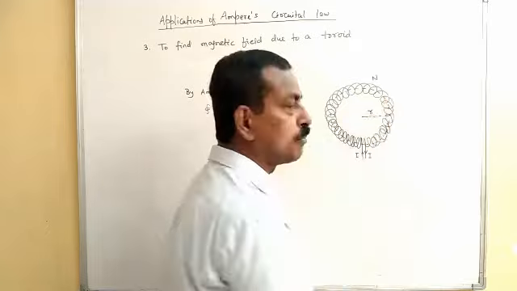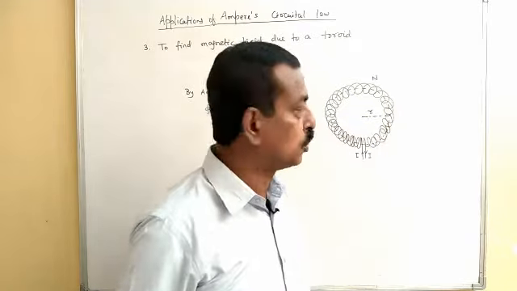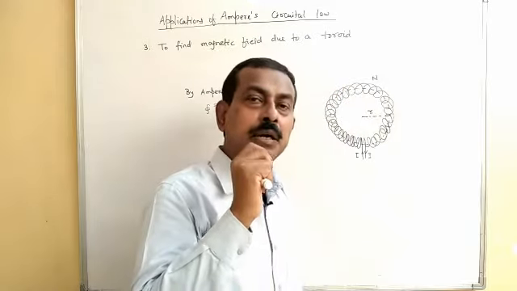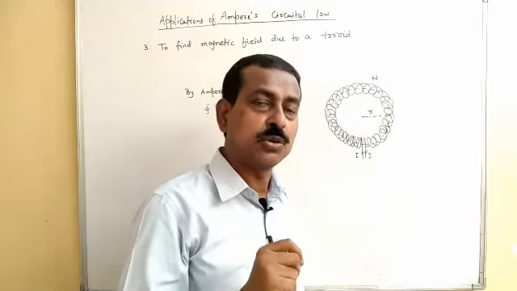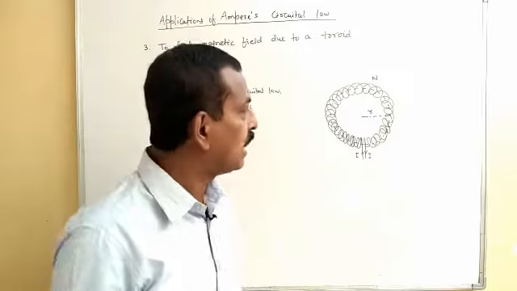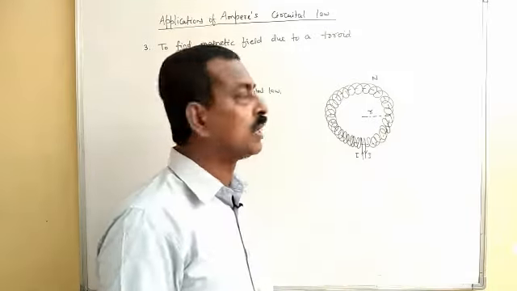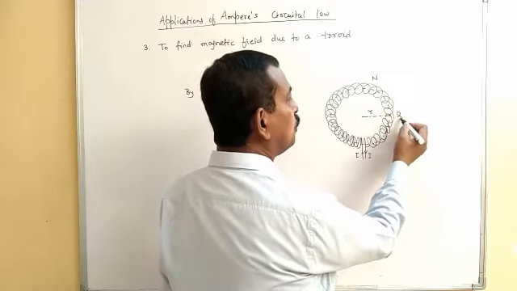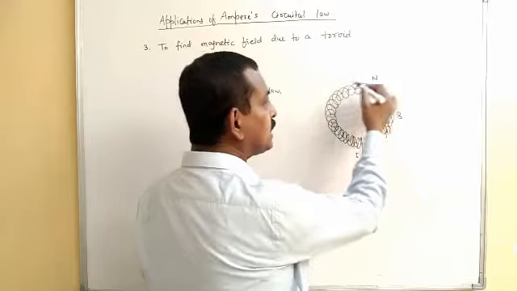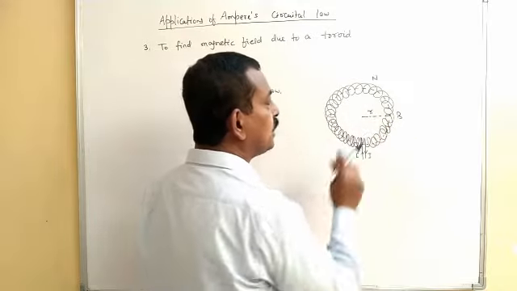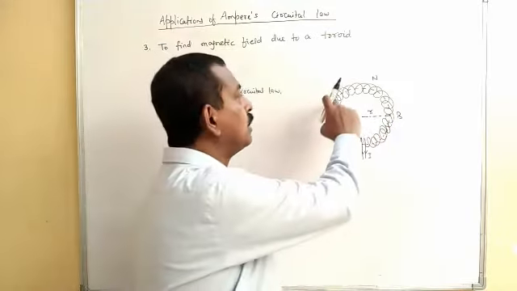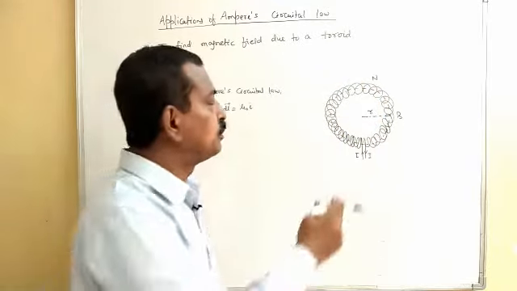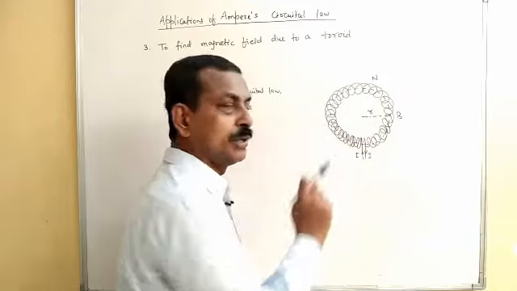It will take the shape of a toroid, and it will be called a toroid. Suppose capital N represents the total number of turns of the toroid, and it is carrying current I. We want to find the magnetic field inside this toroid, and the distance we are taking is R. So R represents the radius of the Amperian loop which we have considered to find the magnetic field.